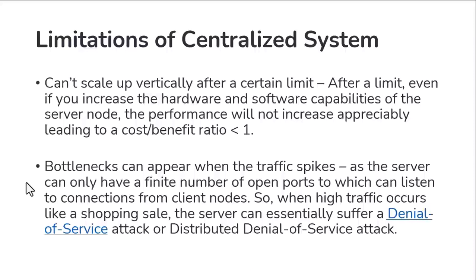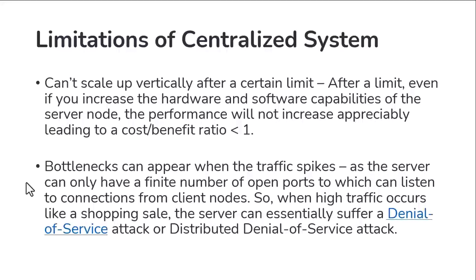Limitations. Now we discuss the limitations of the centralized system. It cannot scale up vertically after a certain limit. Remember, there is a certain limitation. If we increase the hardware and software capabilities of the server node, the performance will not increase appreciably, leading to a cost-benefit ratio which is less than 1.